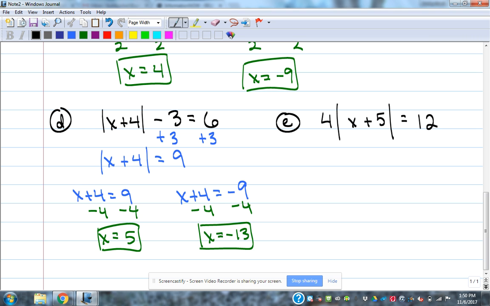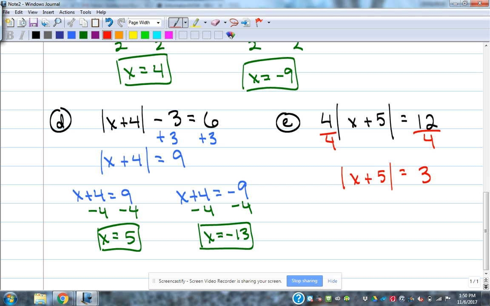Order of operations wise, they're the same level as parentheses, but they don't work the same way. You know, absolute value has something it does. Parentheses are just parentheses. So don't distribute. Get rid of that 4 by division. That'd be equal to 3.